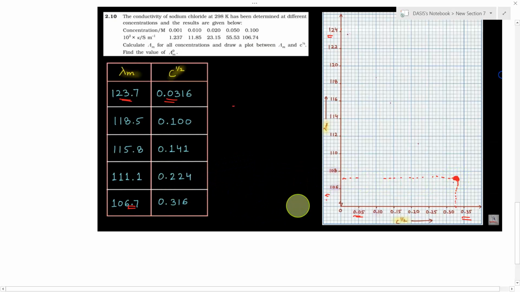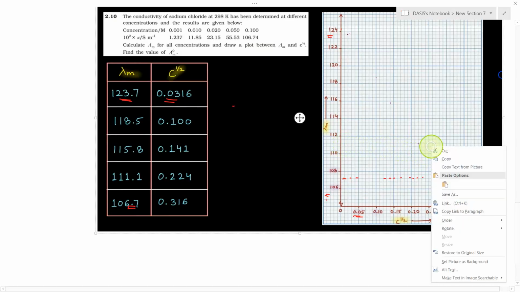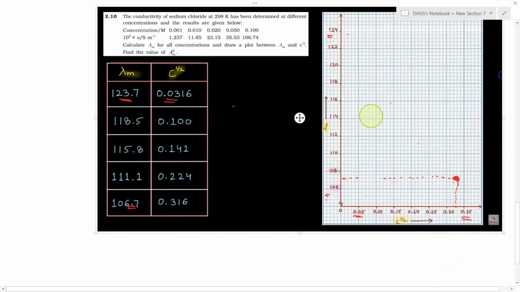This is 0.2 and 0.22 will be somewhere here, and the y-axis value is 111.1, somewhere here. Next one is 115.8. Let me have 115 here, and 115.8 will be somewhere here.